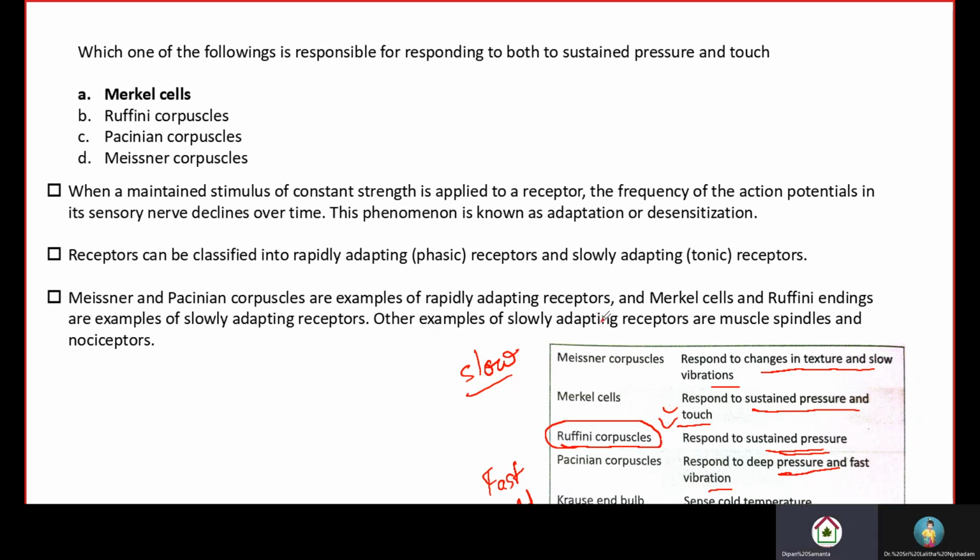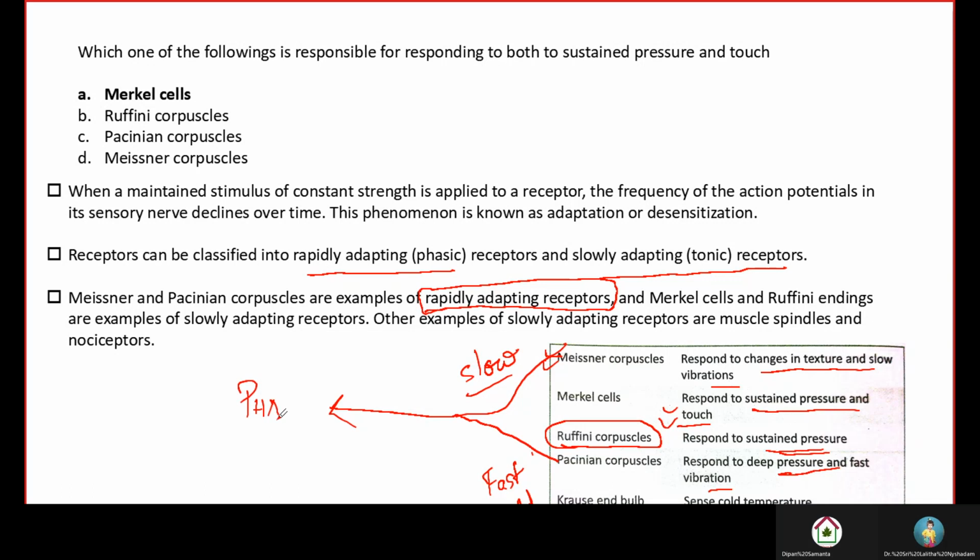Okay. So go through these corpuscles, and these are the receptors. Another thing to mention is that these receptors can be classified into rapidly adapting, called phasic, and slow adapting, called tonic. Meissner and Pacinian are examples of rapidly adapting receptors, that is phasic.